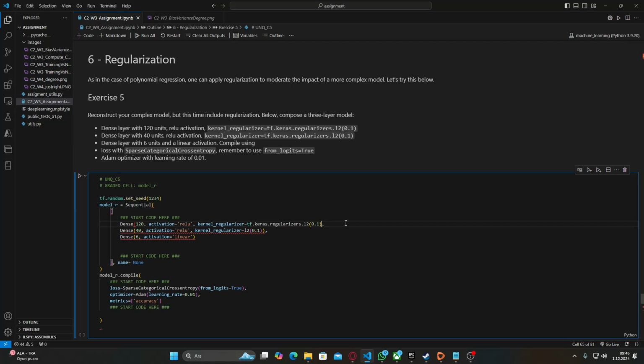Okay, this must be true now. And 40 units, ReLU activation, kernel regularizer.